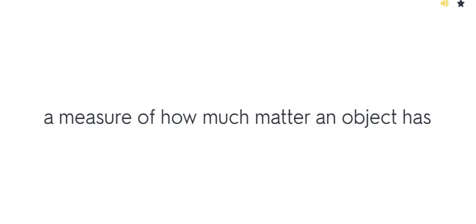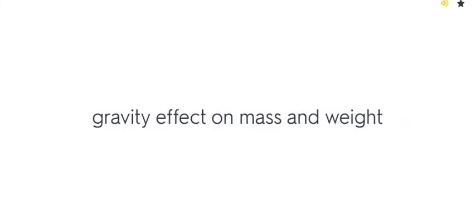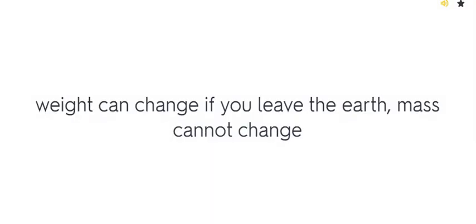Mass: a measure of how much matter an object has. Weight: a measure of how strongly gravity pulls on that matter. Gravity effect on mass and weight: weight can change if you leave the Earth.